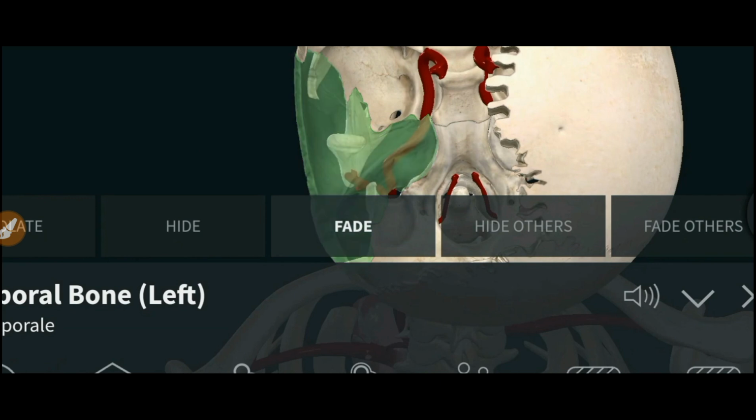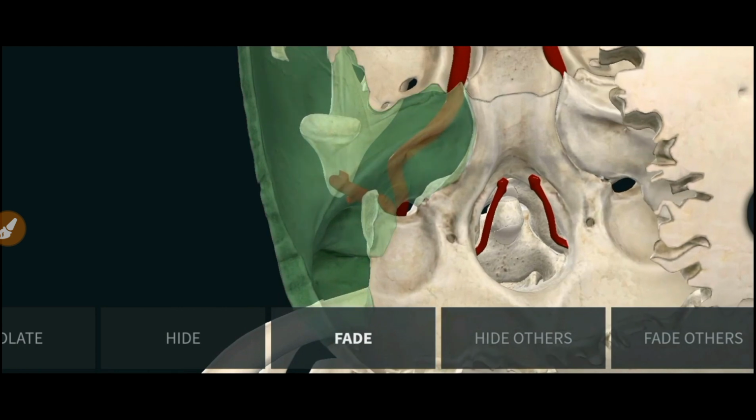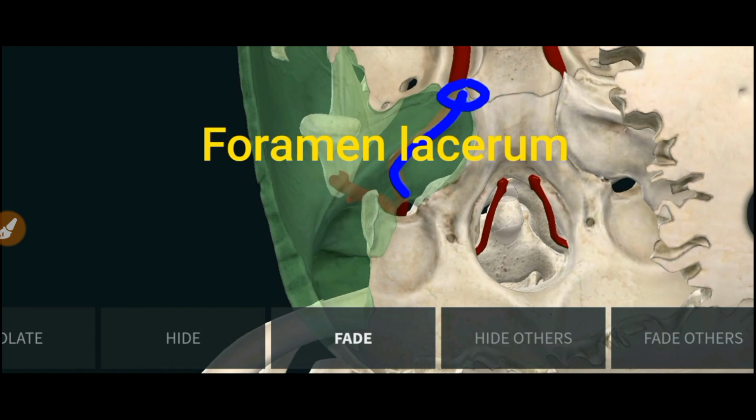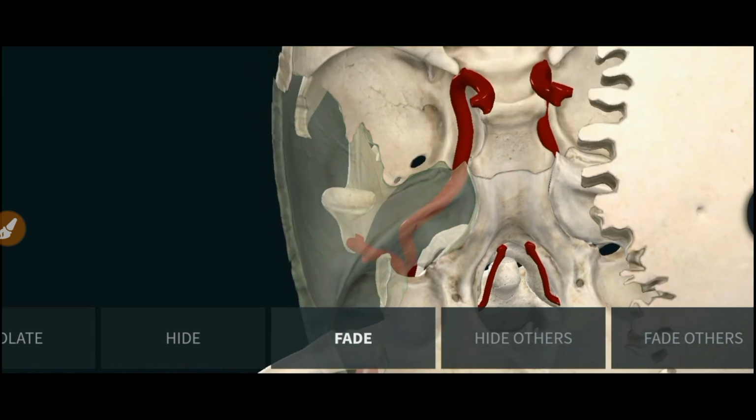And again you can see the course here from the carotid canal, how it is entering the petrous bone. This is a very important course to understand. You can see that is the petrous part, posterior wall of the foramen lacerum, and then it enters the cavernous sinus.